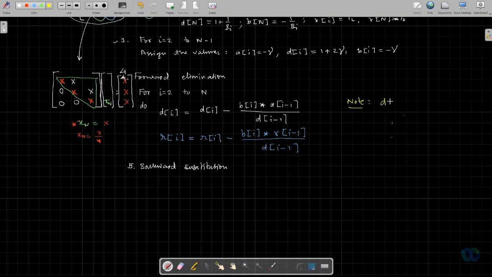Note D means diagonal elements. B means below diagonal elements. And A means above diagonal elements.